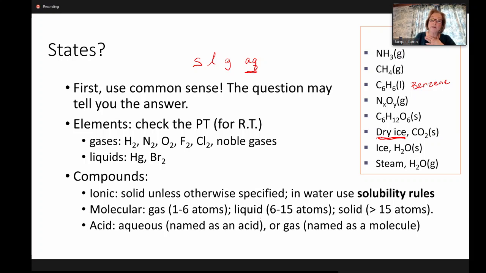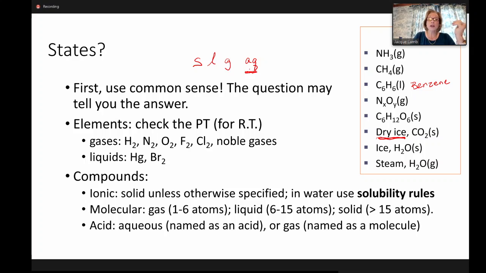When we talked about naming, we talked about acids, anything where H is listed first. Those are in aqueous solutions. So if it says aqueous, those are an acid. And if you're told hydrochloric acid, you know that the state is aqueous.